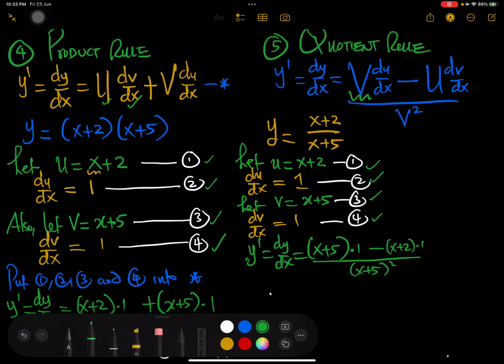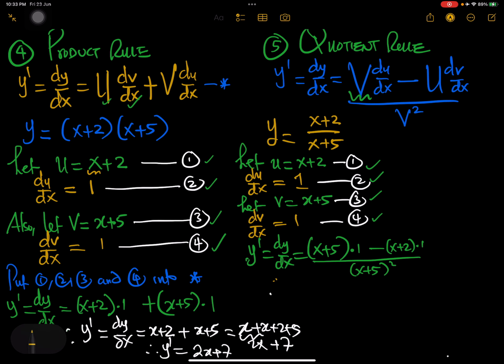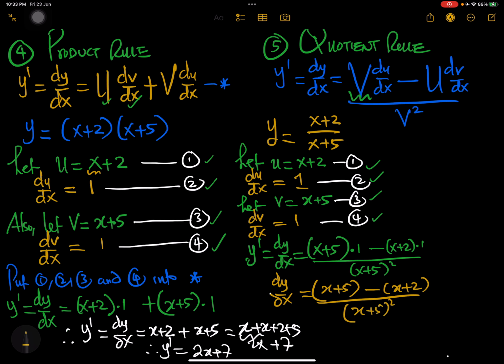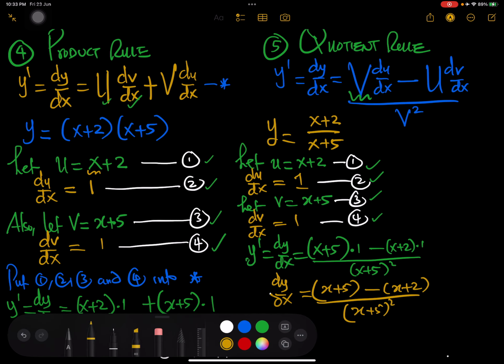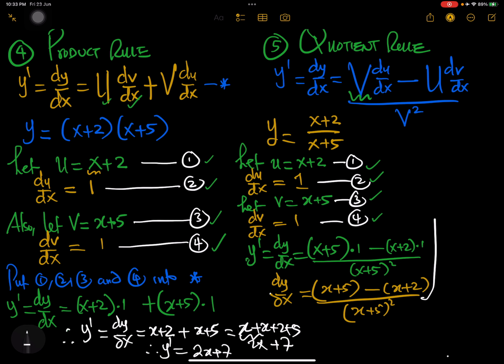And then we're going to basically simplify things. So here, dy/dx is equal to x plus 5 minus x plus 2, all divided by x plus 5 all squared. The top part: dy/dx is equal to x plus 5 minus x minus 2, all over x plus 5 all squared.